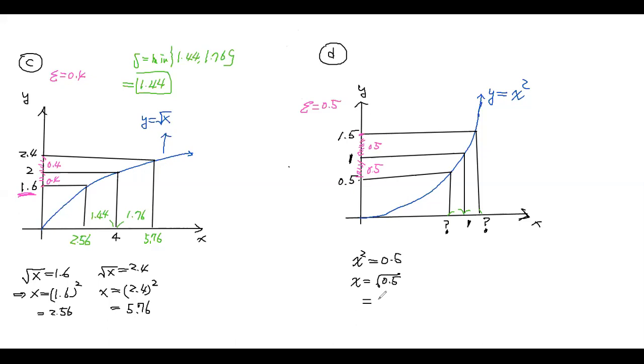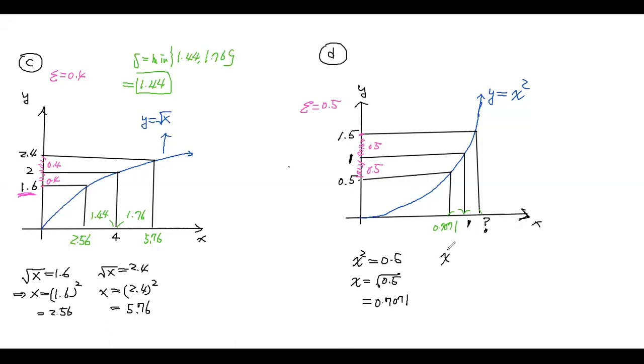It will be 0.7071. So I know this number here will give me 0.7071.